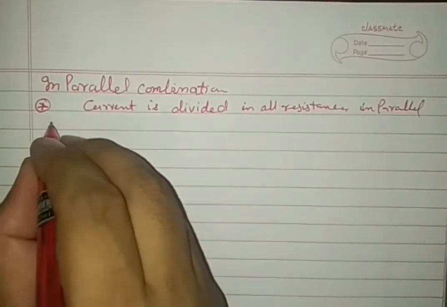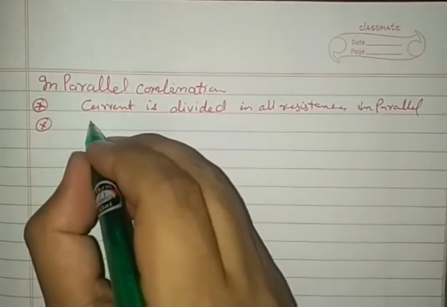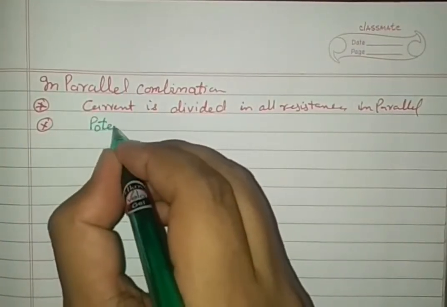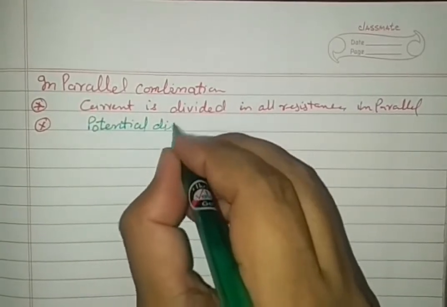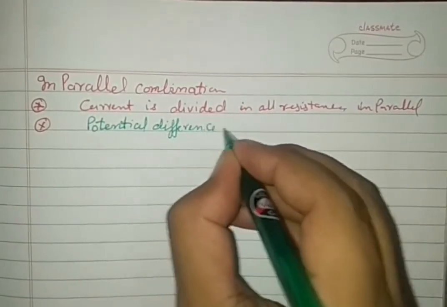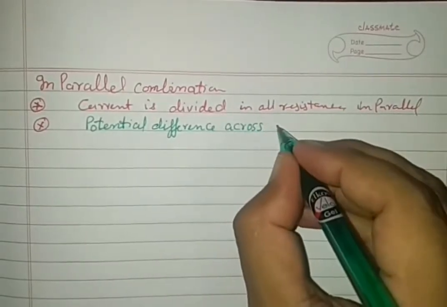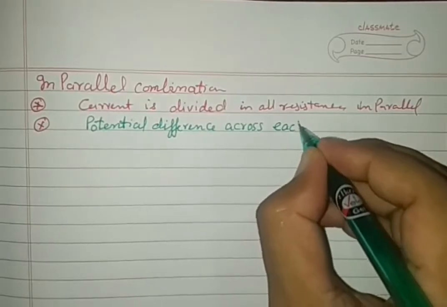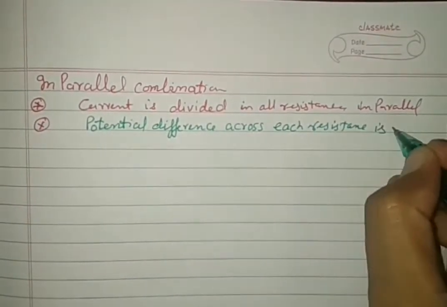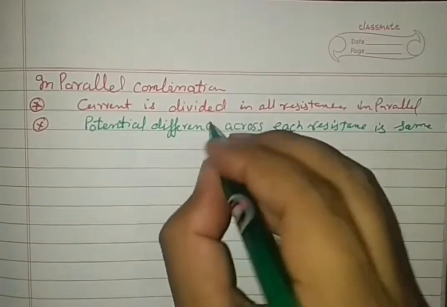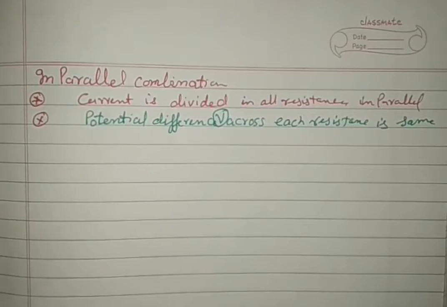That is the 1st point. Second point, keep in mind: the potential difference across each resistance is the same. This potential difference V across each resistance is the same.